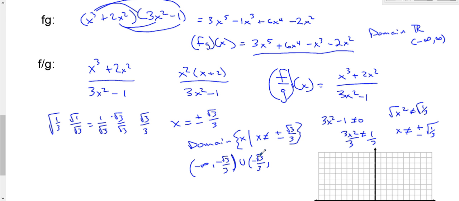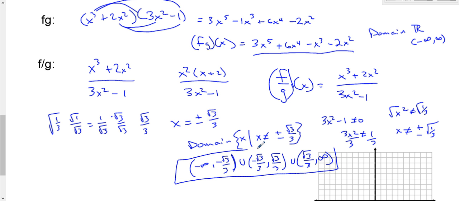So this, I'm going to say from negative square root of 3 over 3 to positive square root of 3 over 3. And then I can write another notation going from the positive square root of 3 over 3 to infinity. And that's my interval notation for this domain.